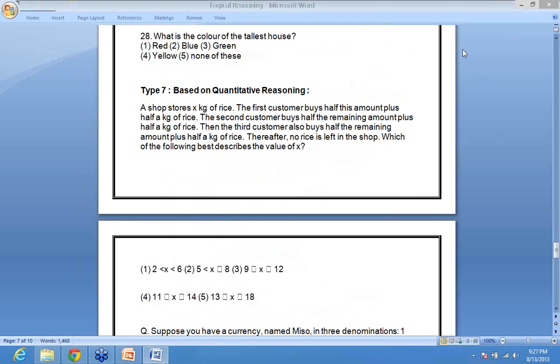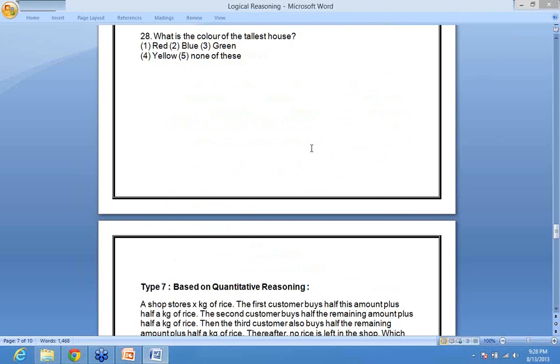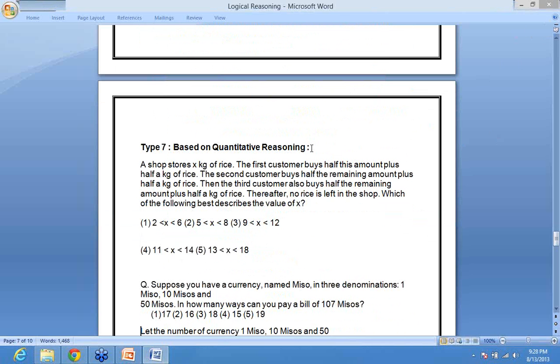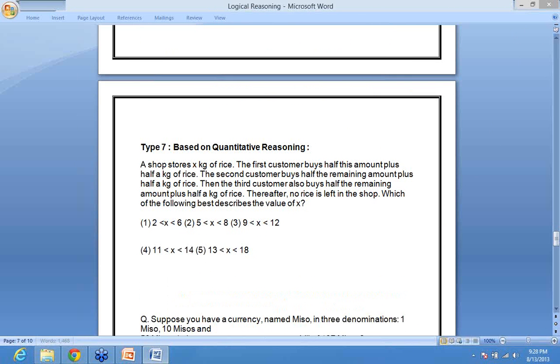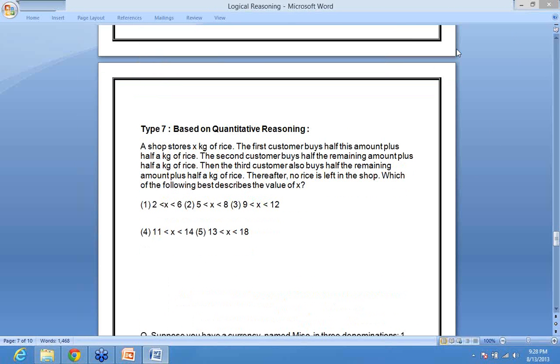So coming to the next question. Please try to solve this. Solve this question for me. At all these positions, it is greater than or equal to.